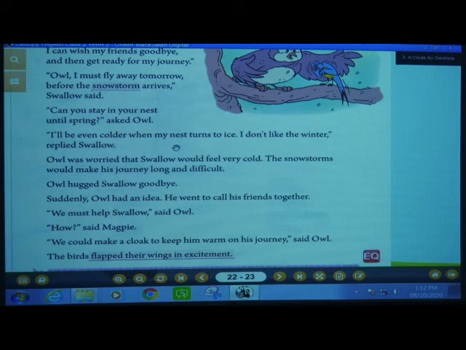I don't like the winter, replied Swallow.